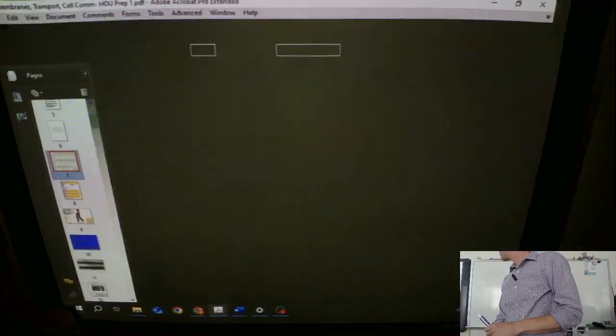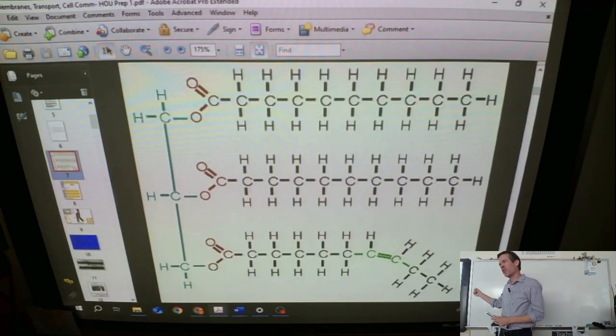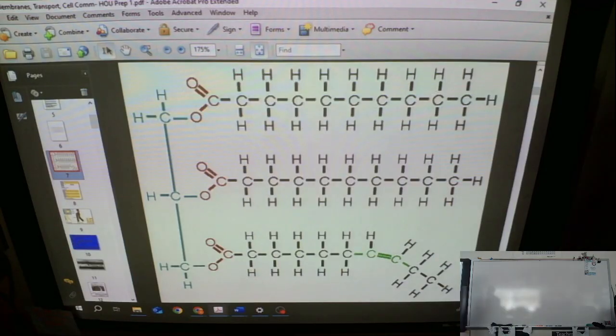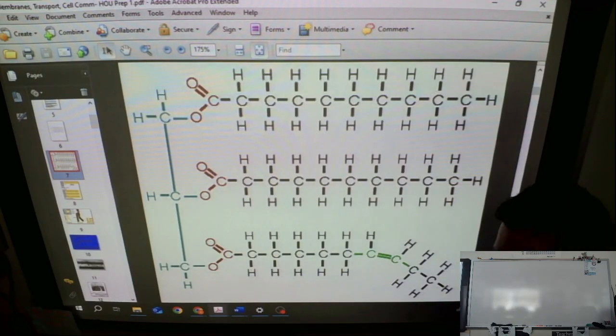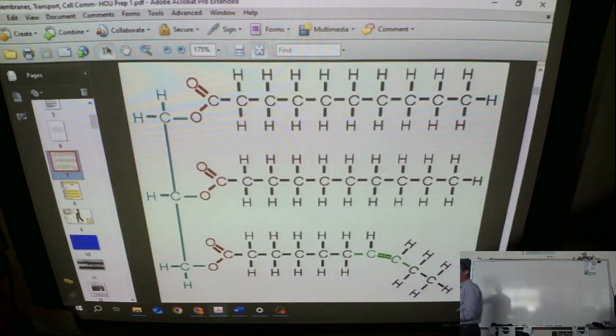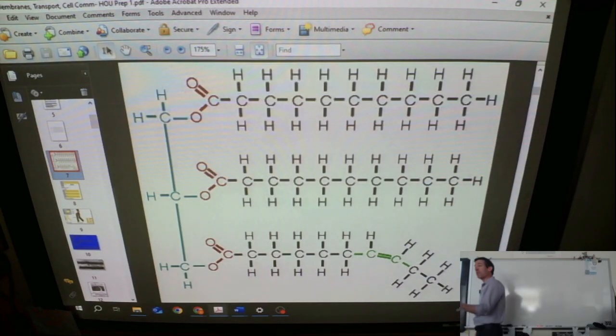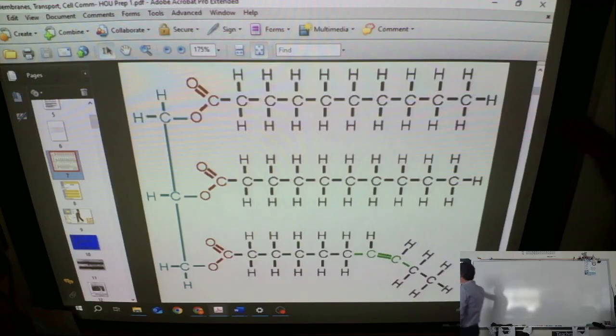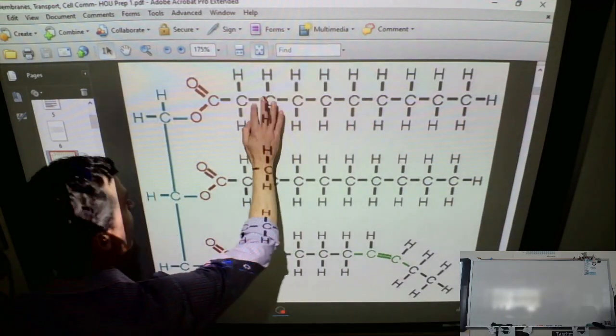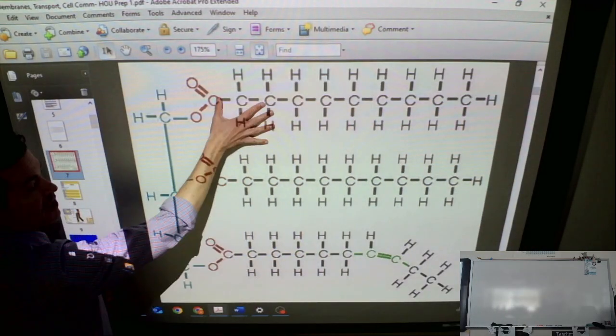So remind me again really quick, how does this picture relate to a phospholipid? Yeah, this is the base structure for a phospholipid, and phospholipids have two tails. So I basically just cut off one of the triglyceride fatty acid tails, and I replace it with a phosphate.